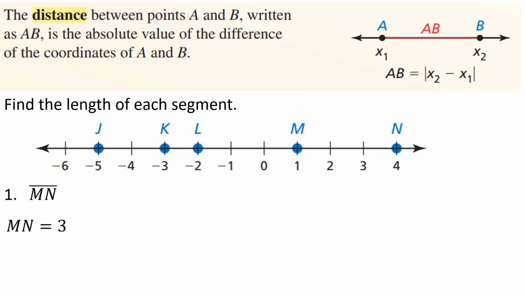Right? 4 take away 1 is 3. How about the length of segment LN? That looks like a value of 6. Right? 4 subtract -2 would be 6.